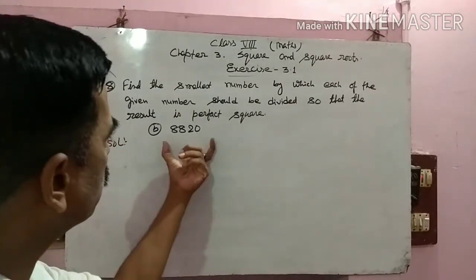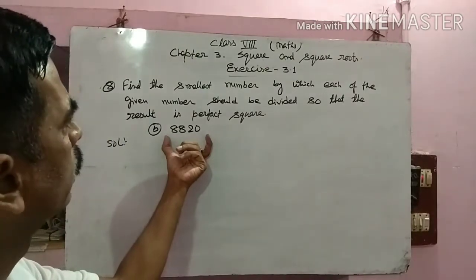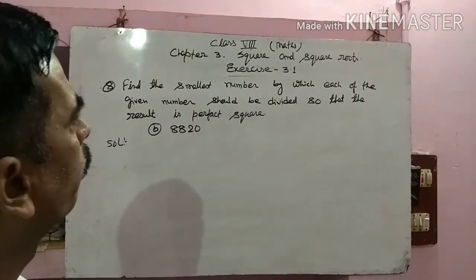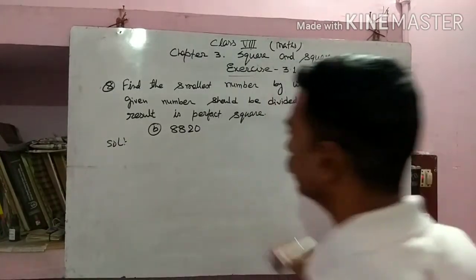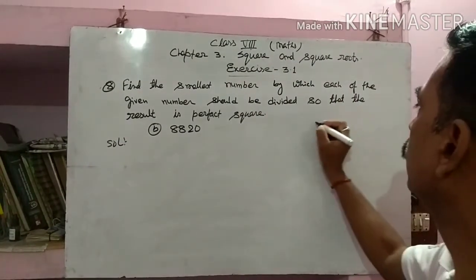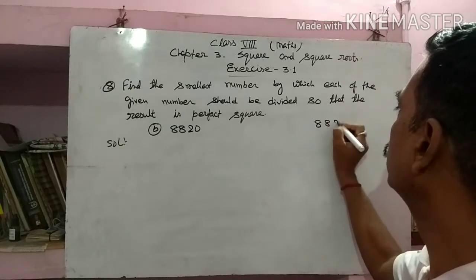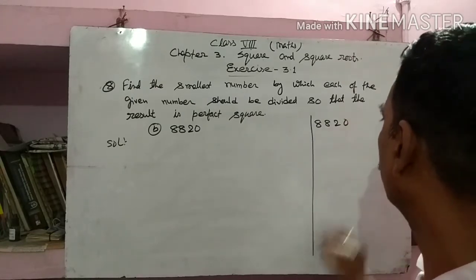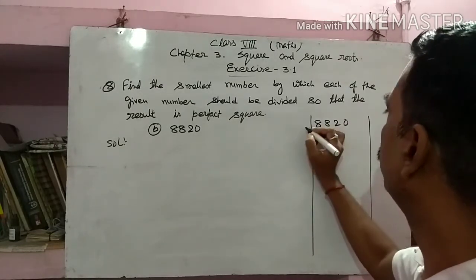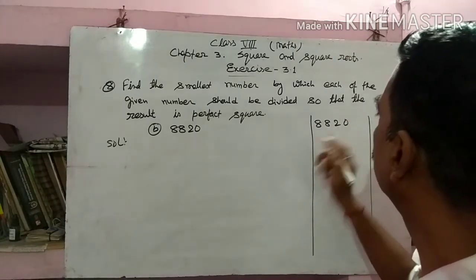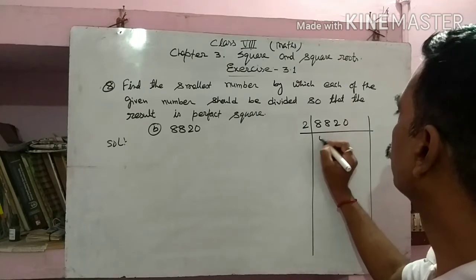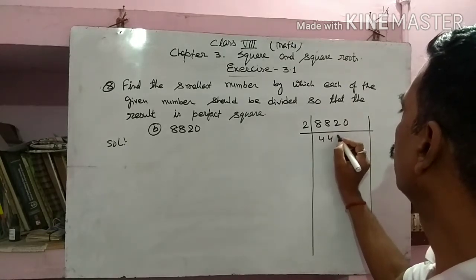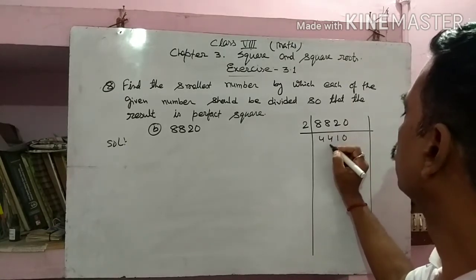So first of all, if the number is given like this, we have to get the prime factorization of that number, as we have done many times. As its ones place is 0, this number is divisible by 2. 2 times 4 is 8, 2 times 4 is 8, 2 times 1 is 10 and 0.